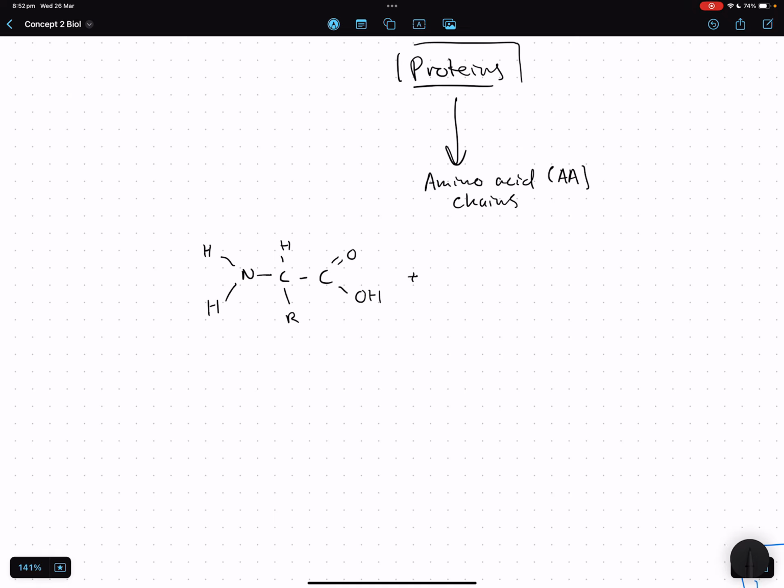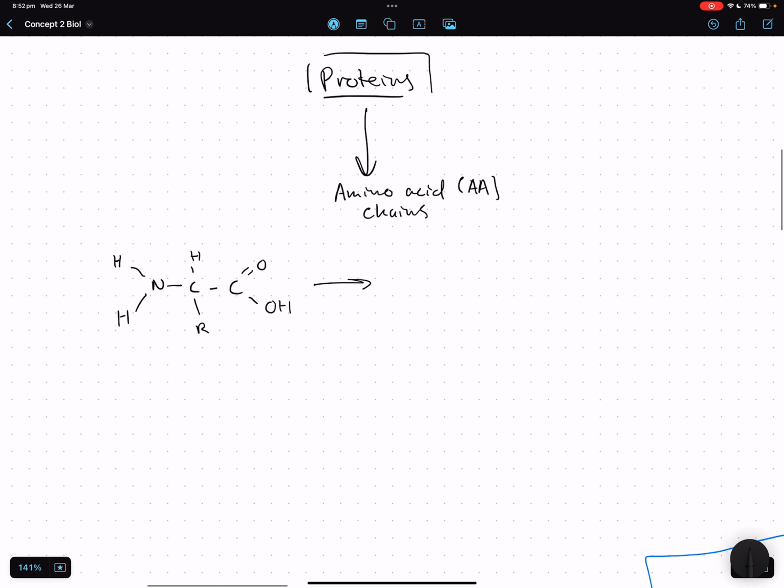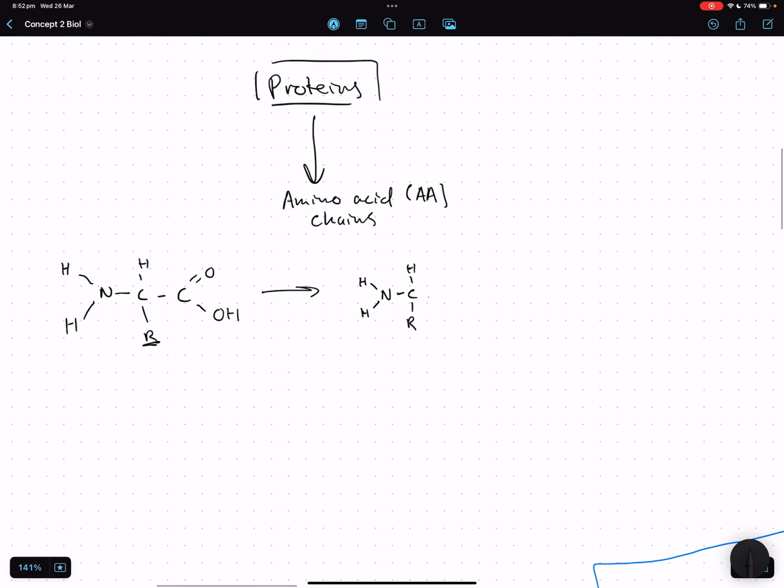If I add two of these together, it looks kind of like this. H, N, H, C, H. R here is a group of molecules, because this is the template. This R group changes, but the actual amino part of it doesn't change.